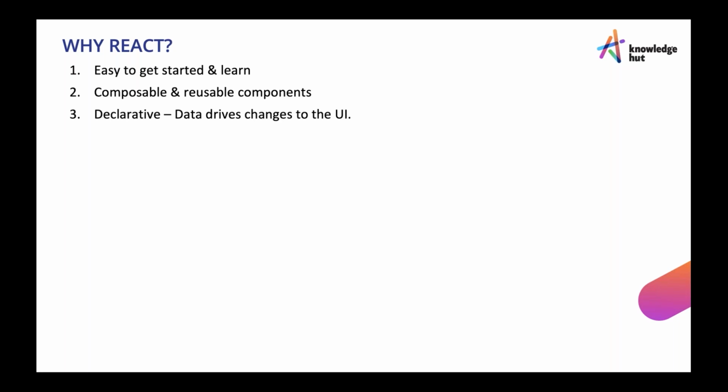React allows you to build declarative UIs. We discussed this briefly earlier as well, where data drives changes to the UI. So you have to be concerned with the data, and you don't have to worry about how your DOM works, which element to select, and implement selective manipulation and all that. You just need to focus on the data that your app has to display and the events that are associated with it, and your UI responds accordingly.